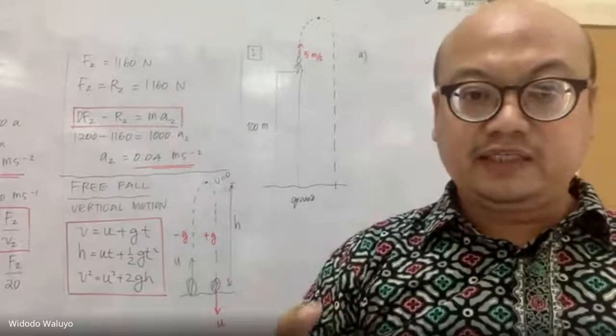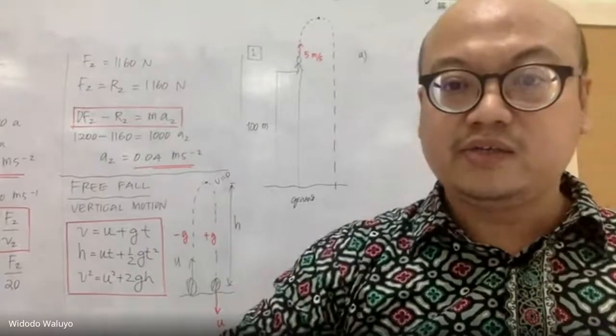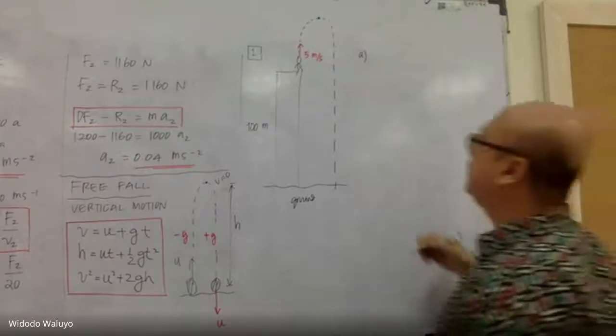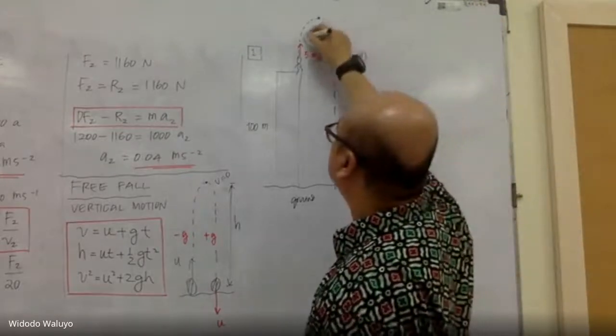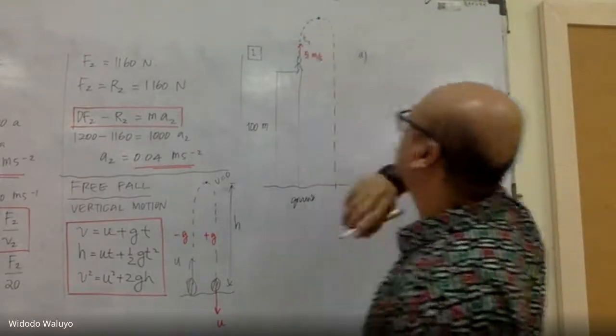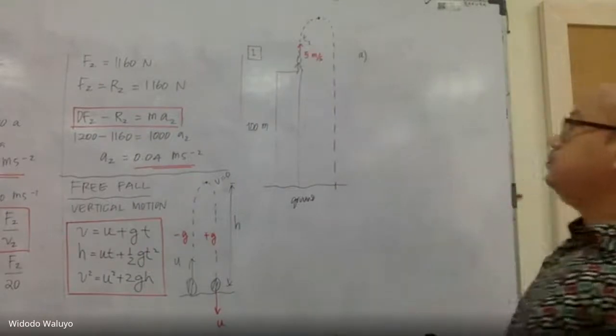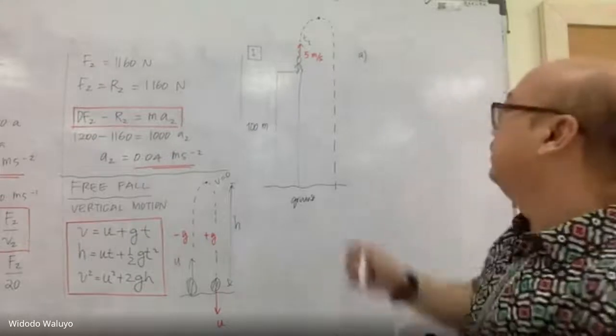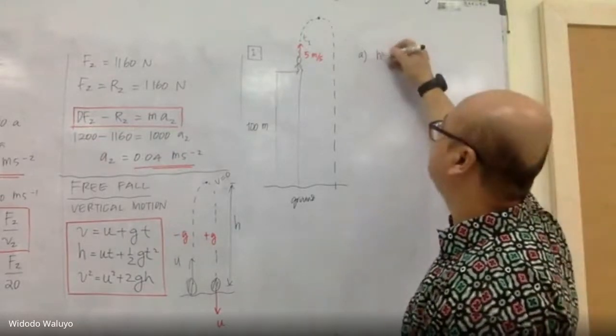How long will it take for the ball to reach the highest point? Let's say t1. On the highest point, the velocity is zero.